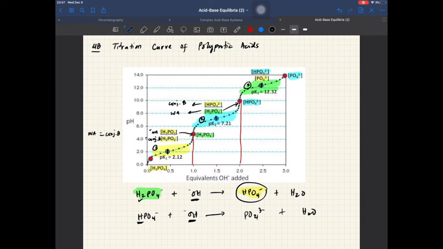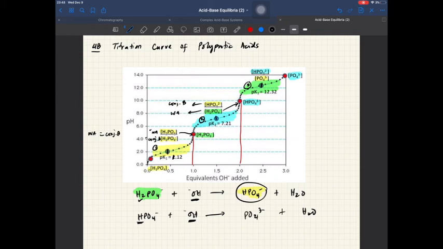The pKa2 of phosphoric acid is 7.21, whereas the pKa1 is, I think, 1.12 and not 2.12.